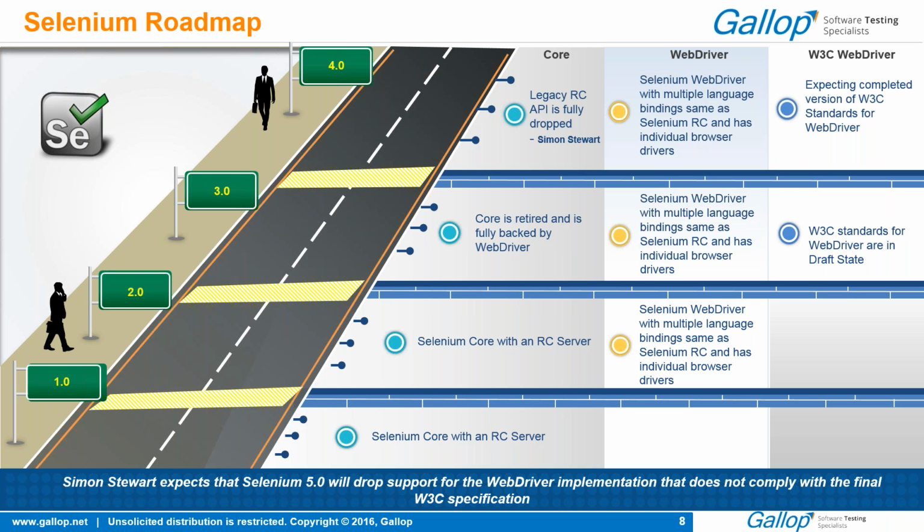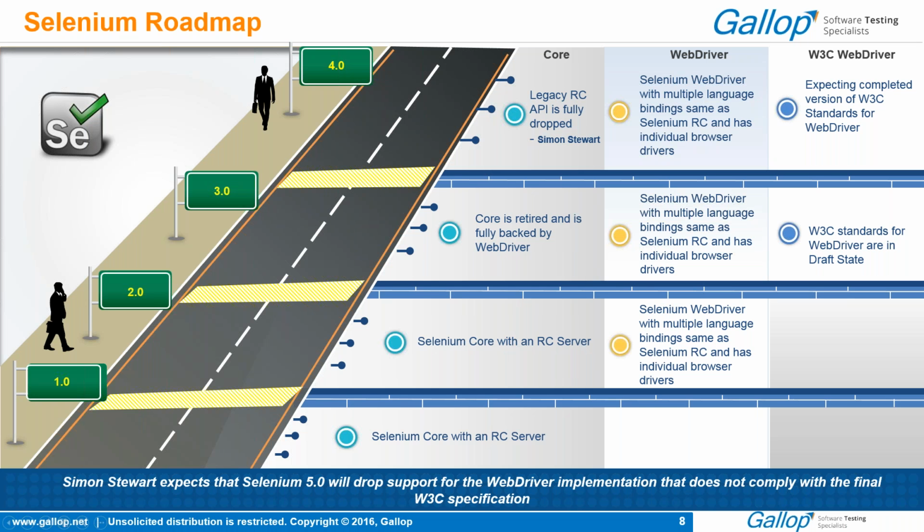In 2.0, we still have Selenium core and the RC server, along with WebDriver. WebDriver follows a different approach where it interacts with the browser directly using the browser drivers, whereas core injects the JavaScript into the browser. So 2.0 came up with both of these approaches available, and in between it also provided a migration option using the Selenium backed WebDriver.